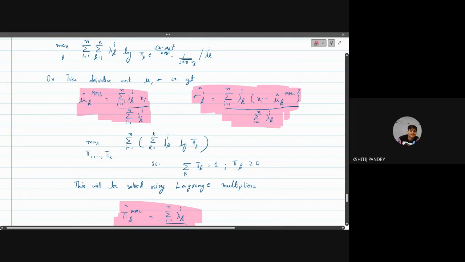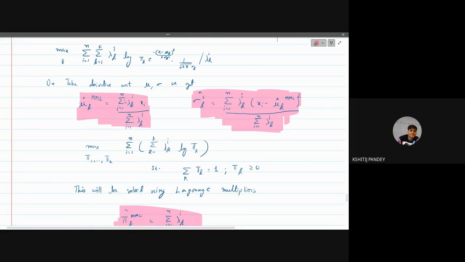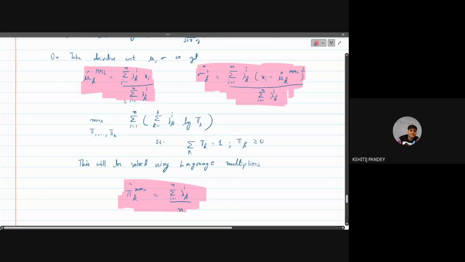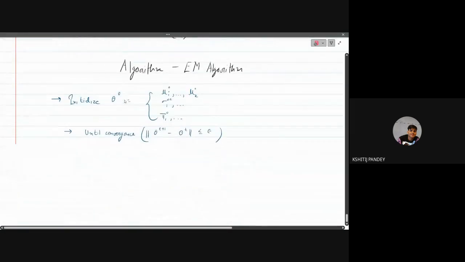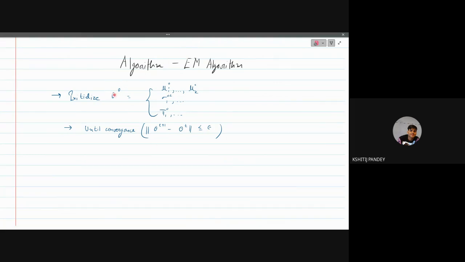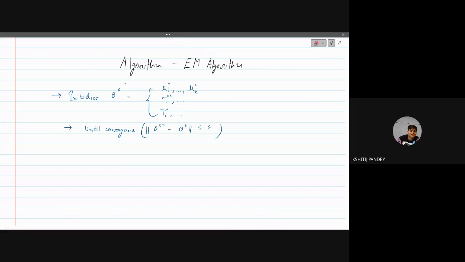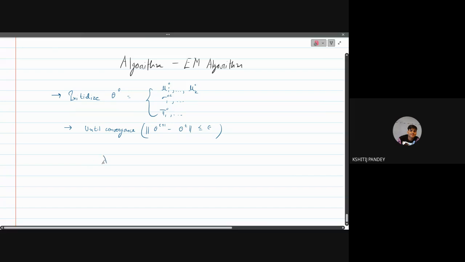To find the value of theta, we must exactly know the value of lambda, and to find the value of lambda, we must exactly know the value of theta. So this algorithm initializes a random value of theta. After that, once you have fixed the value of theta, you find the value of lambda.